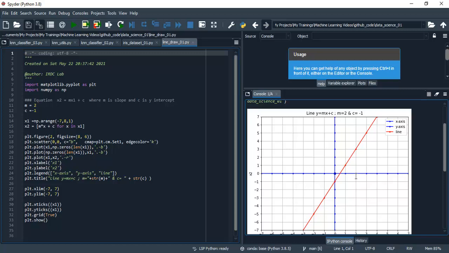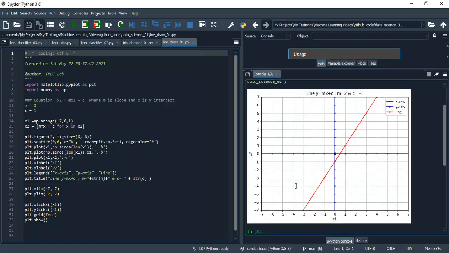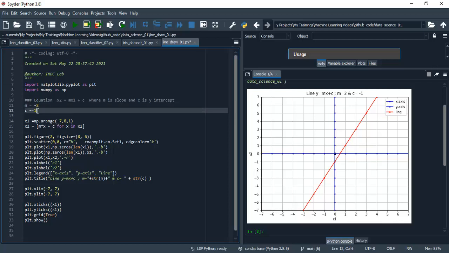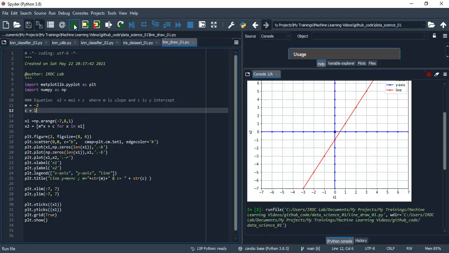And we got this one. So let me play with it somewhat here. Okay, so this is the line, and I can keep on changing anything here. Let's say -2, and intercept maybe positive 1. Okay, and let me plot it.